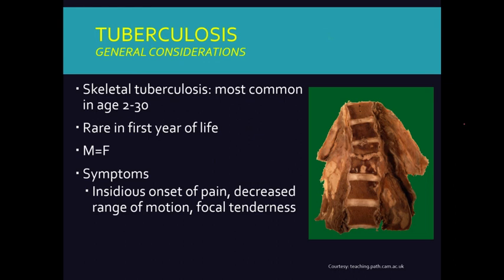Most common area for tuberculosis to affect in the musculoskeletal system is the spine. Again, most likely a younger individual, though we can see it in older individuals too. This one has fairly non-specific changes: insidious onset pain, decreased range of motion, tenderness in those regions.